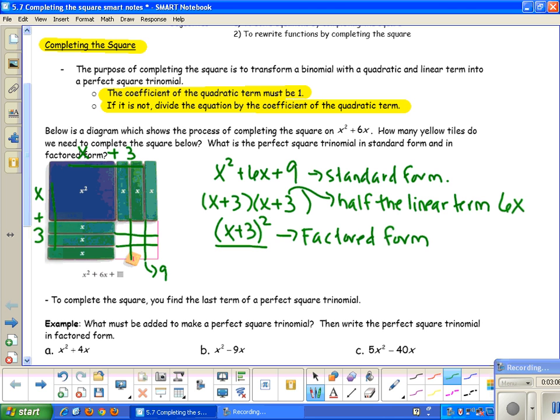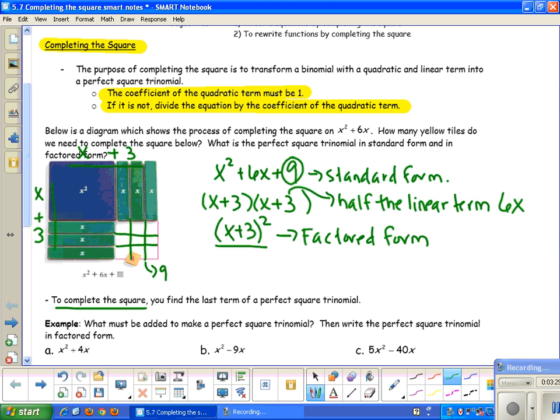Also, if you square 3, you get 9, and that makes sense because if you were to FOIL out this factored form, you should get the perfect square trinomial on top. So 3 squared would be 9, so it's half the linear term, and then the last number is half your linear term squared to get this 9 in order to complete this square.